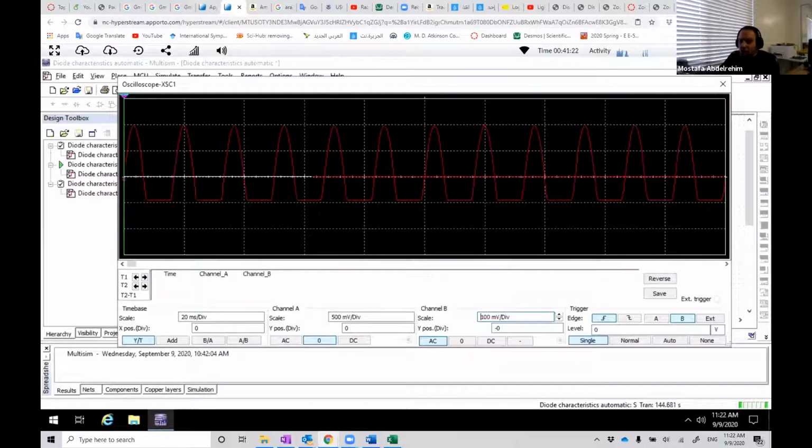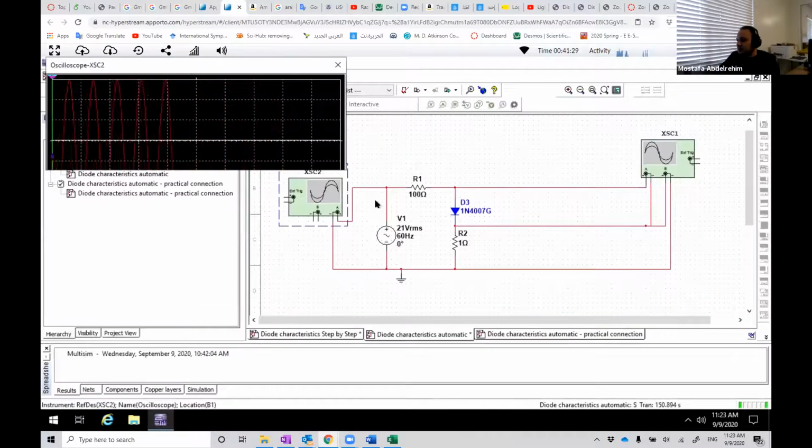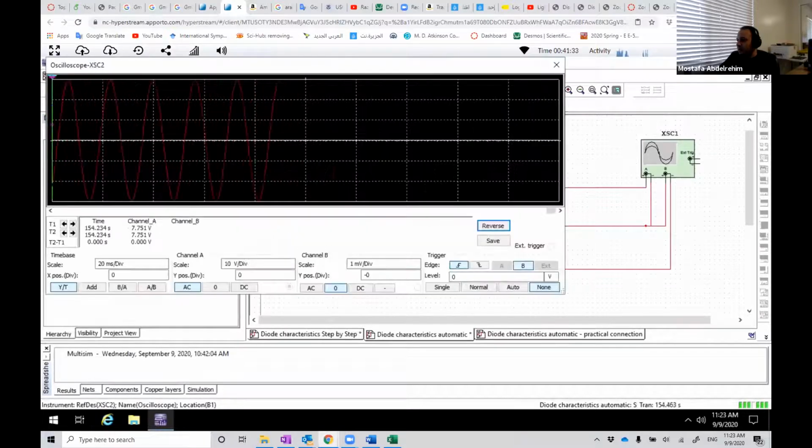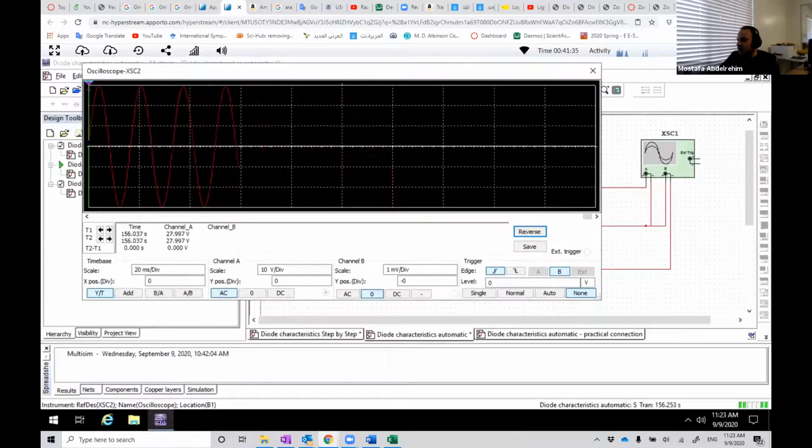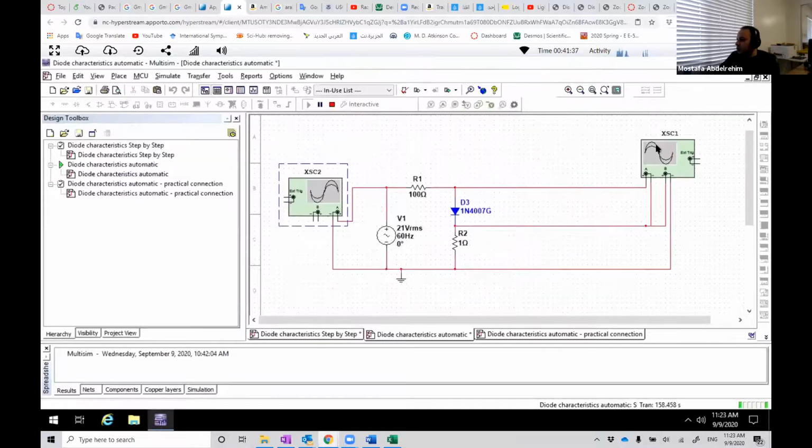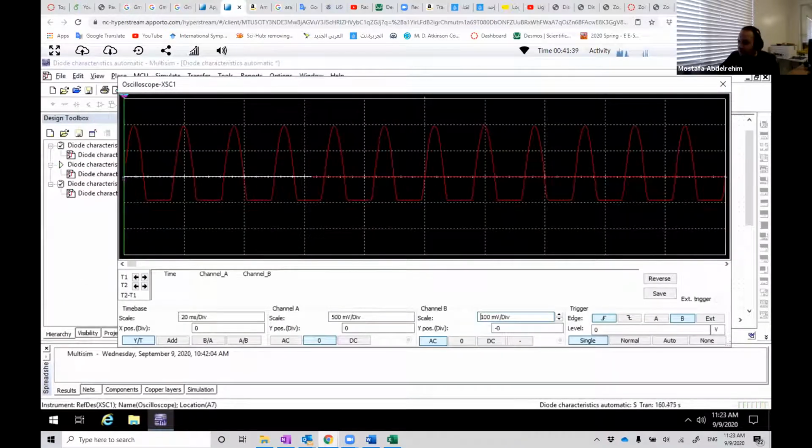The input is just a very normal sine wave, but the output is really scary. Don't be scared, we will teach you how to do that by hand, not using an oscilloscope.